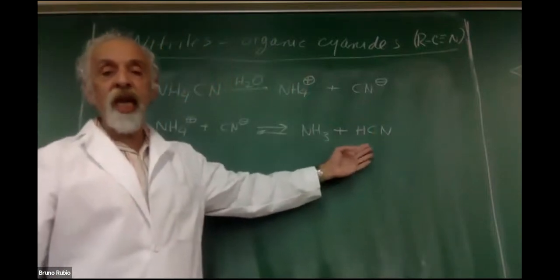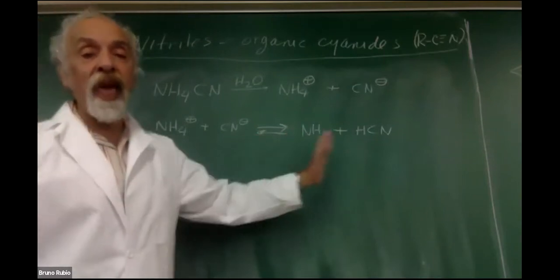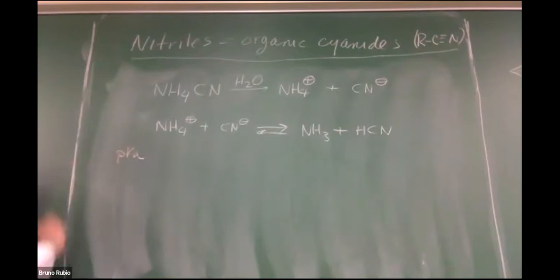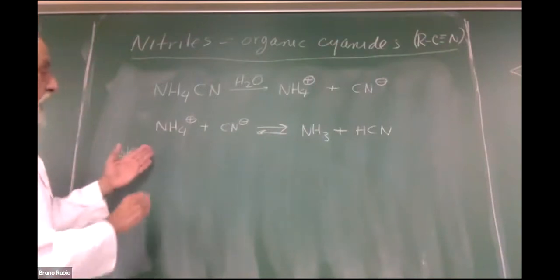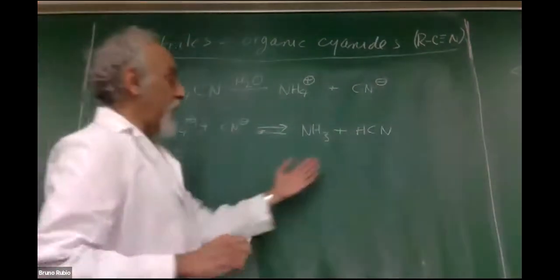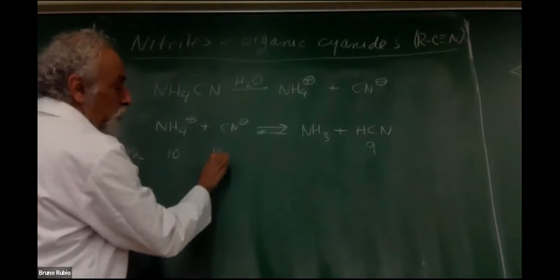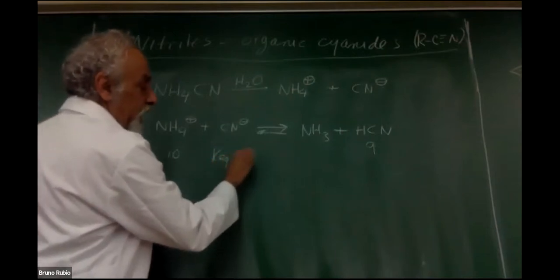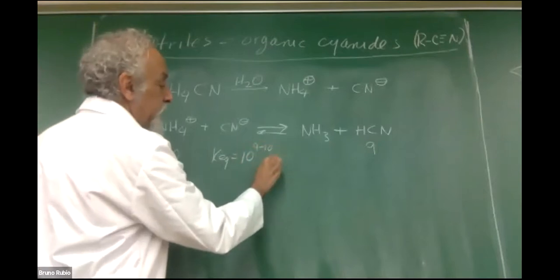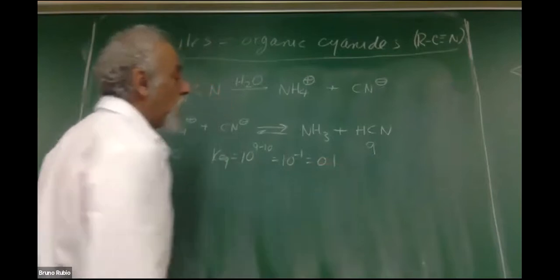ammonia and HCN. Now, looking at that famous table of pKa's, I can calculate the equilibrium constant for this acid-base reaction. Okay, so the ammonium ion, its pKa is 10, HCN, its pKa is 9. The equilibrium constant using that Henderson-Hasselbalch equation would be 9 minus 10 is equal to 10 to the minus 1 is equal to 0.1.